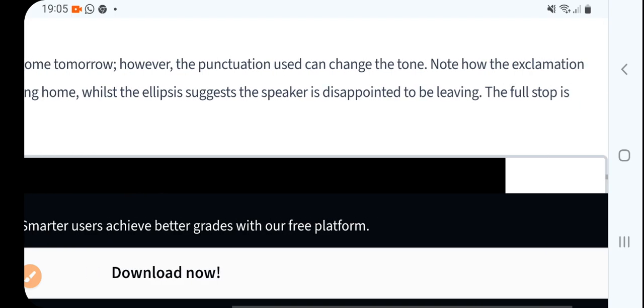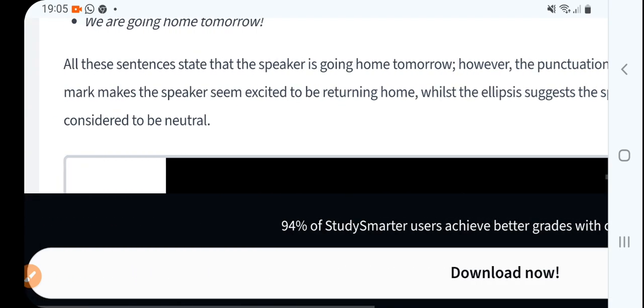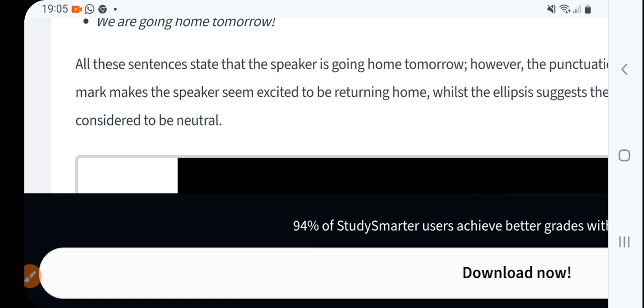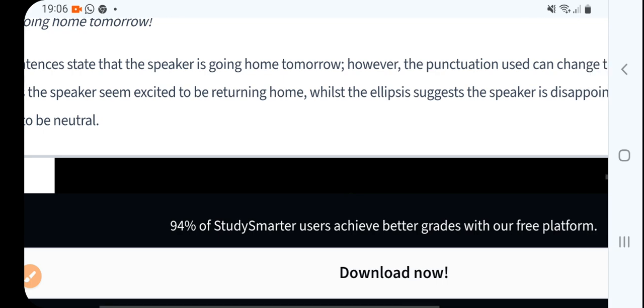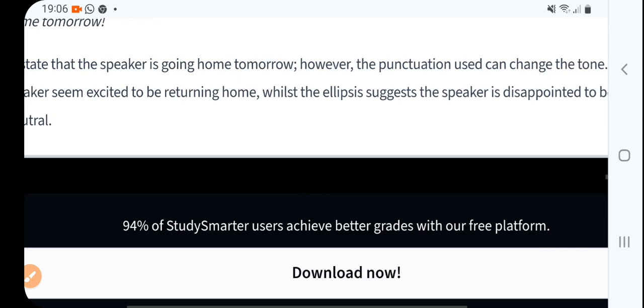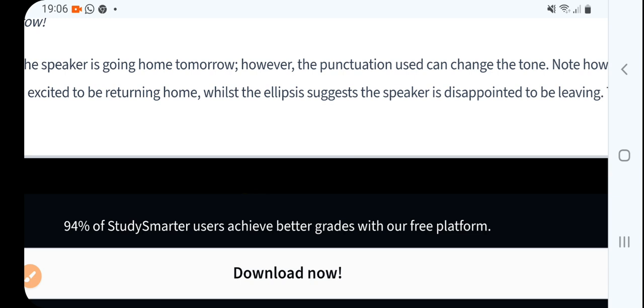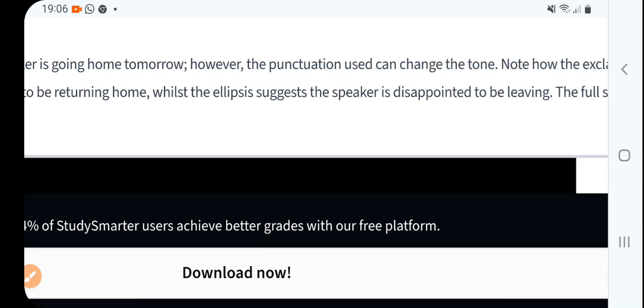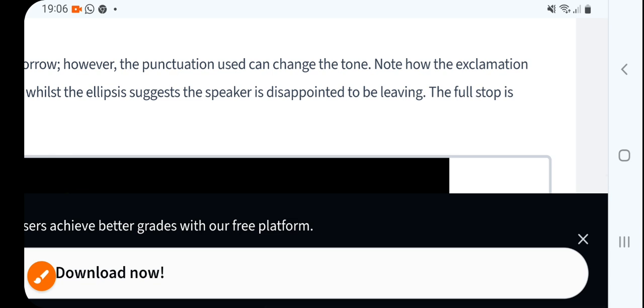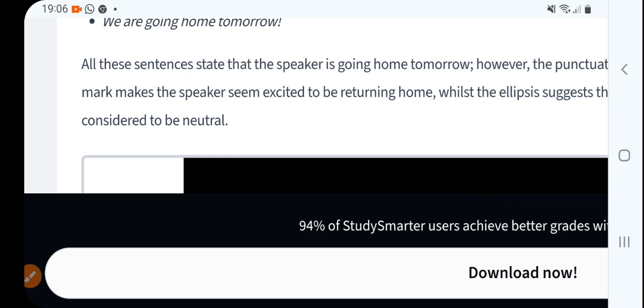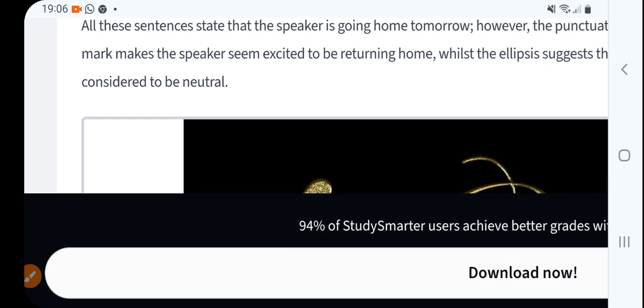Note how the exclamation mark makes the speaker seem excited to be going home, while the ellipsis, the three dots, suggests the speaker is disappointed to be leaving, and the full stop is considered neutral.